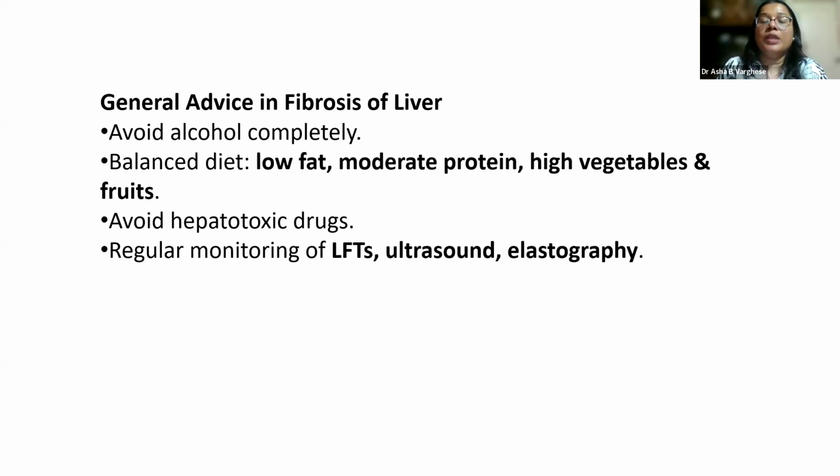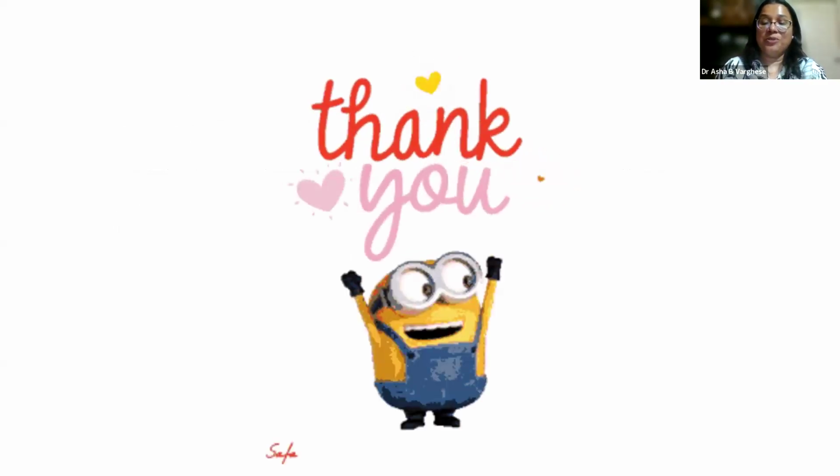We are not going to give very heavy fiber food, as that will be an overload for the liver. We should give easily soluble fibers, probably blanched vegetables, sauteed vegetables, or anything in an easily digestible fiber form. Avoid hepatotoxic drugs, and do regular monitoring of LFT, ultrasound, and fibroscan. This is all. Thank you.